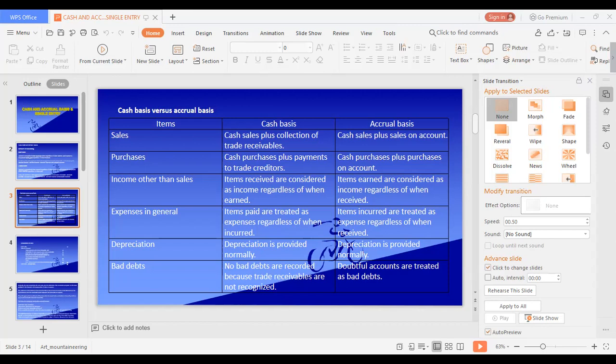Okay, so we have now in question number 4, under accrual, what's the amount of net purchases? So we have now gross purchases, then we deduct purchase returns and discounts.